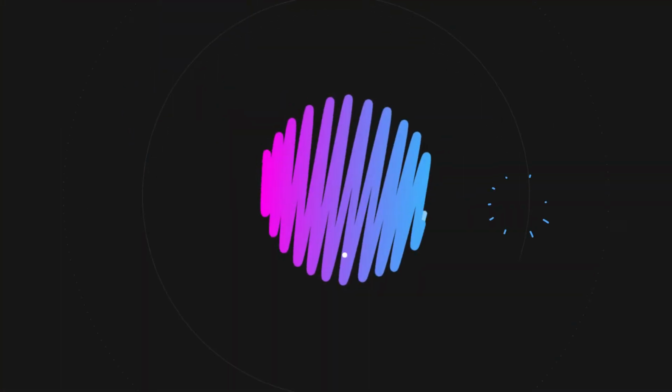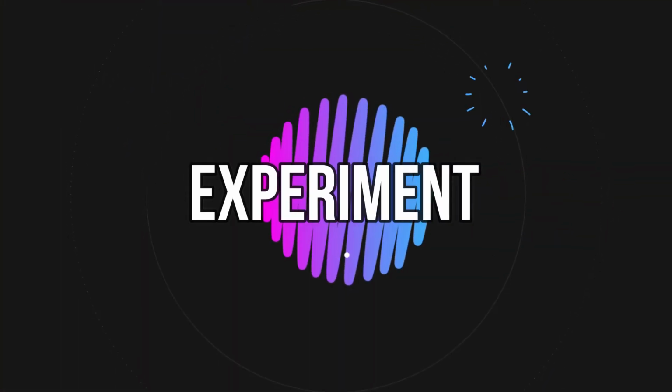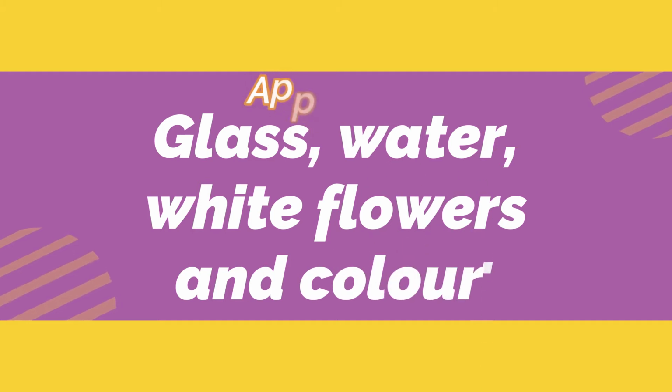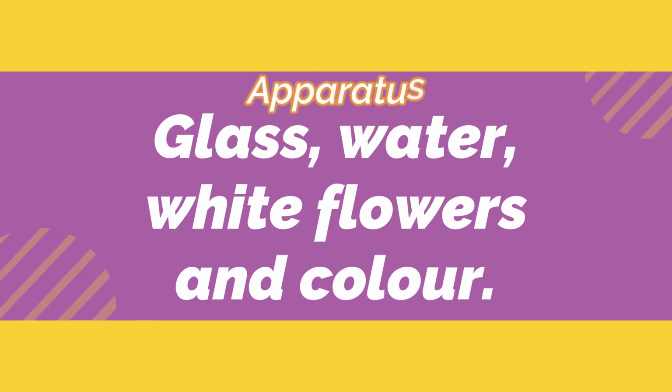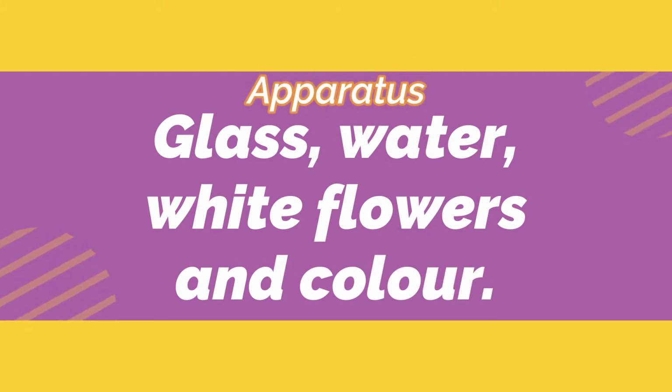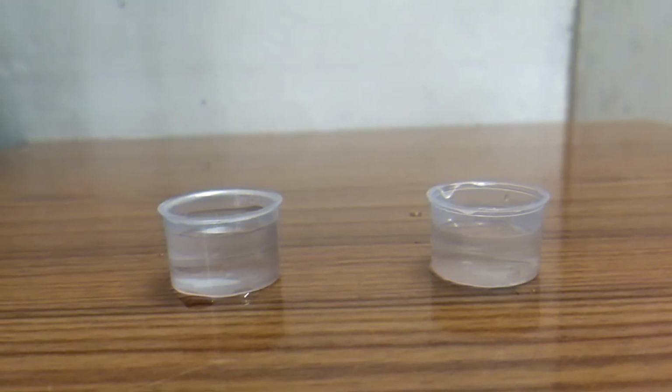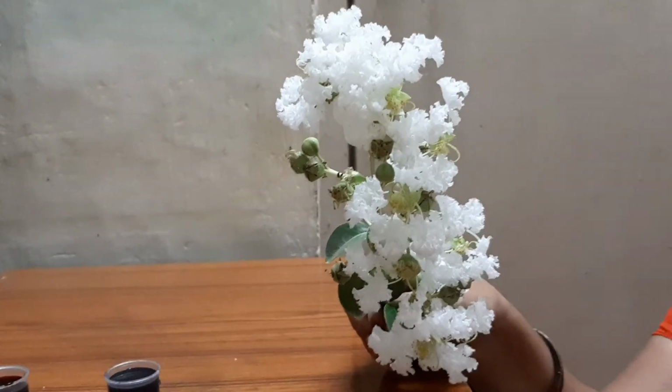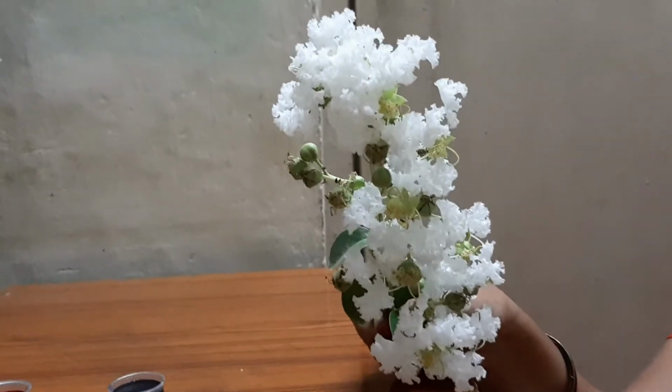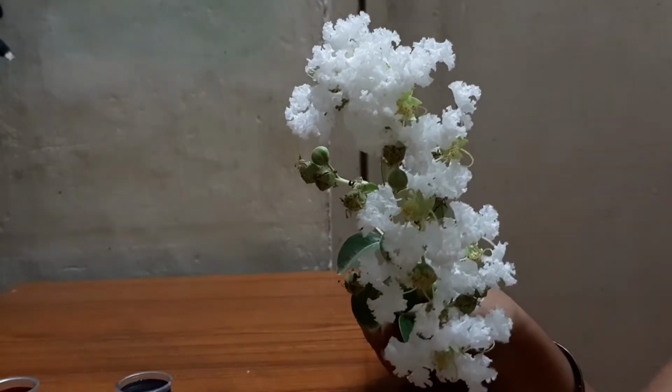First, let us do the experiment. For this experiment, we need a glass filled with water and colored and white flowers. Here, I am using two medicine cups which are filled with water. I am taking crepe myrtle flowers which have a small stem.